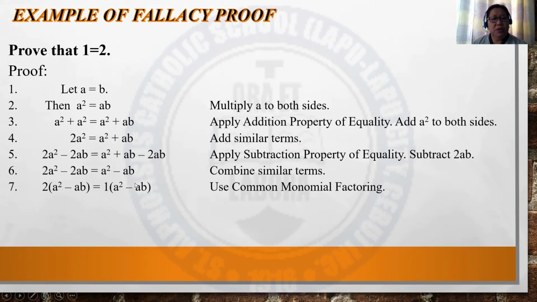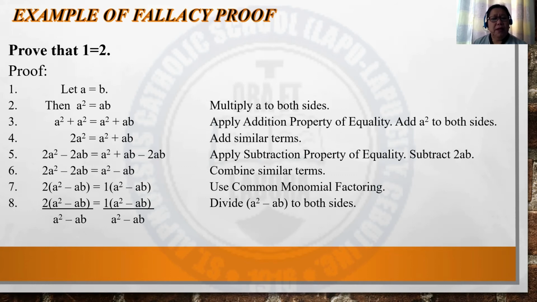And then we use common monomial factoring. So you factor these two terms, factor out 2, then we have 2 times the quantity A squared minus AB is equal to A squared minus AB, or 1 times the quantity A squared minus AB.